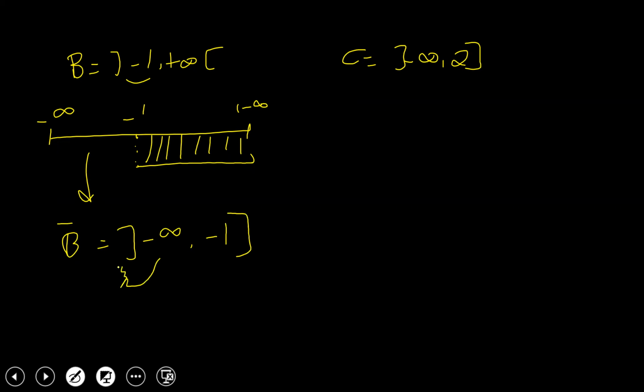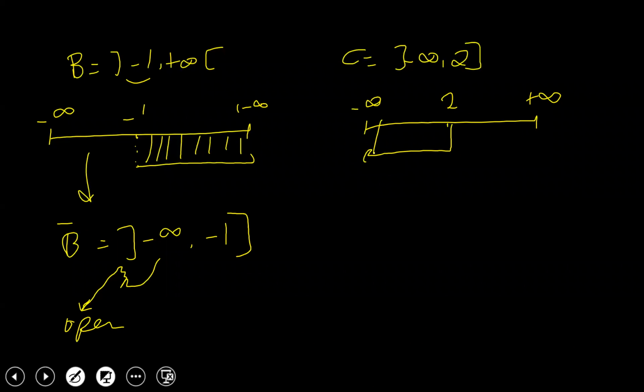However, -infinity always is open. The boundary of the -infinity is always open. Now, what about C? From -infinity to +infinity, this is 2. 2 to -infinity represents the set C. So here we get C bar is from 2 to +infinity. And 2 here is closed, here it becomes open.